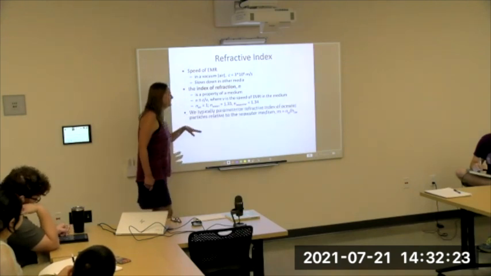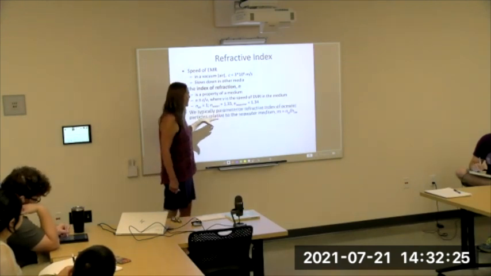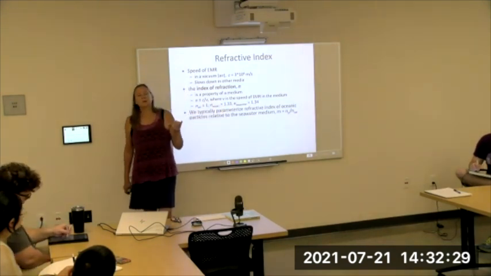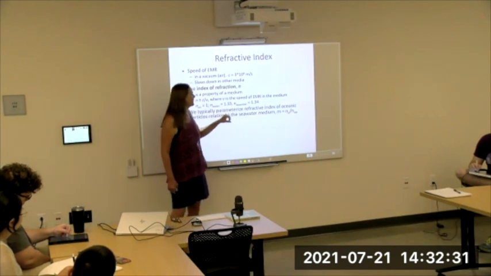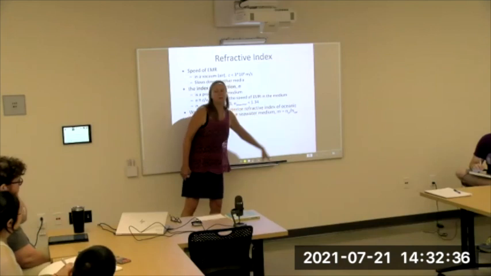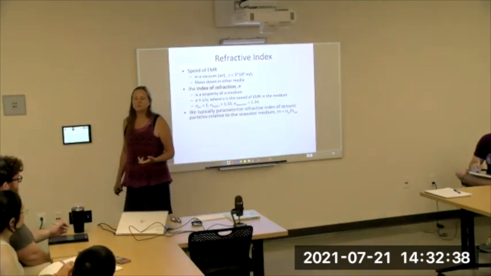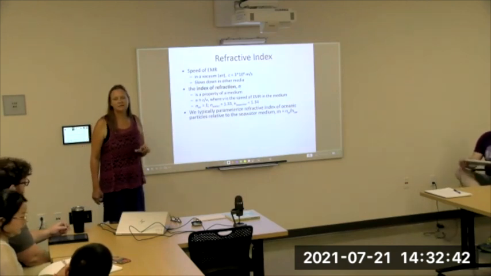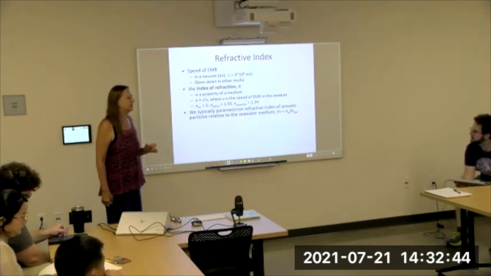We typically parameterize the refractive index in the ocean not using this, but using the ratio of the index of refraction of a particle relative to seawater. So our numbers tend to be smaller, say 1.05 or 1.02 or 1.005. So when people talk about index of refraction, make sure you know which one they're talking about.